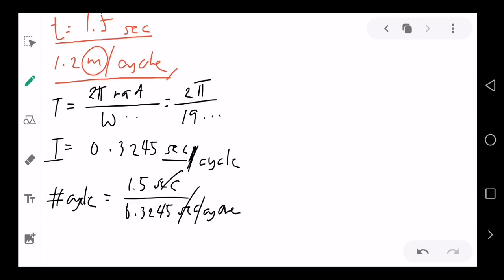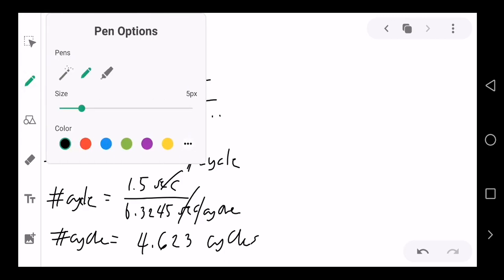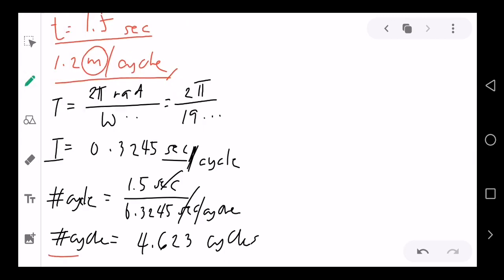So, cancel. Makuha nating number of cycles ay 4.623 cycles. Okay po?